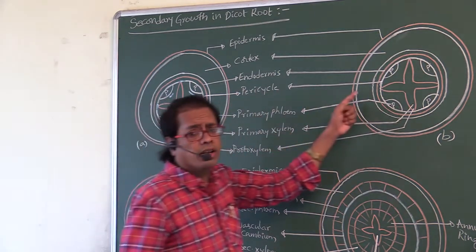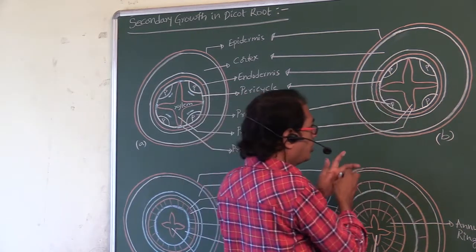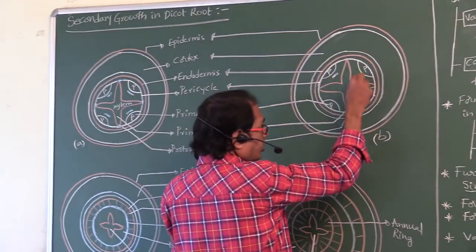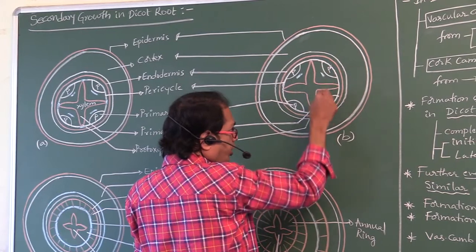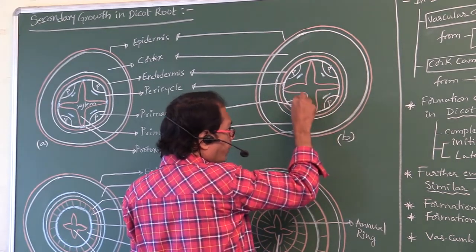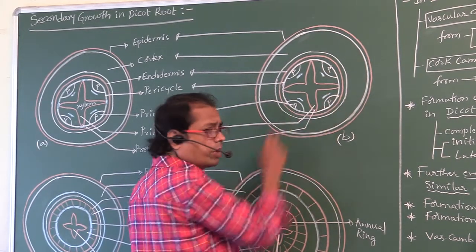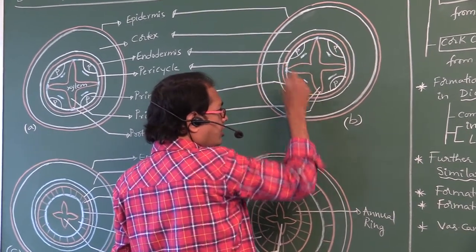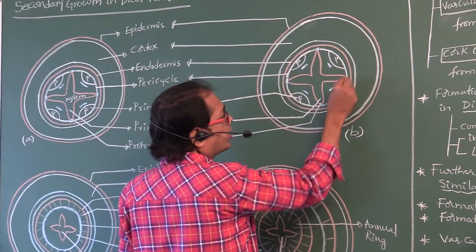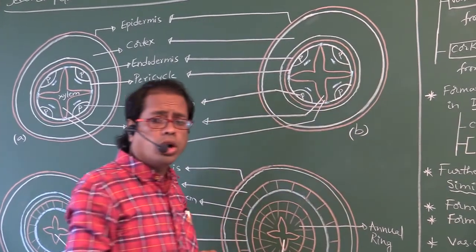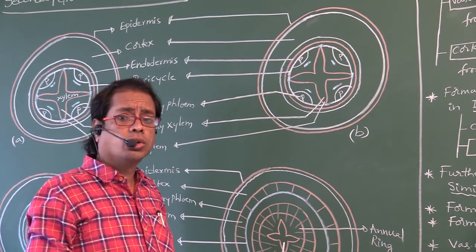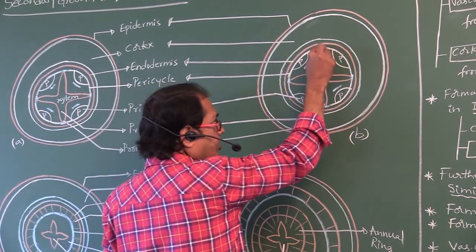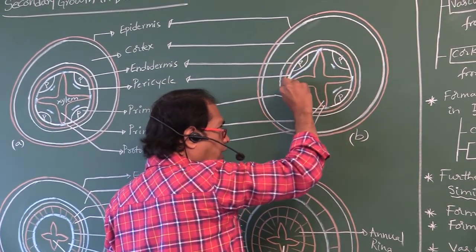The conjunctive tissue undergoes dedifferentiation at 4 places, and all those meristematic layers join together like this.